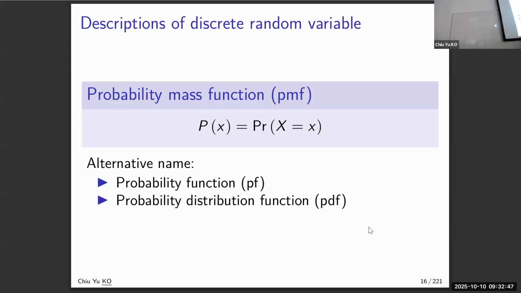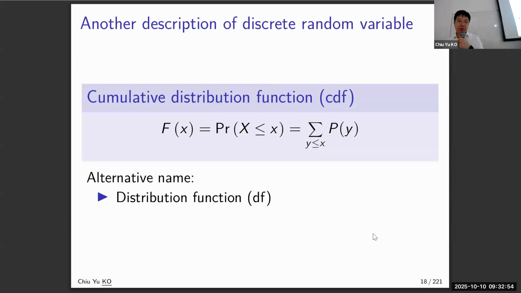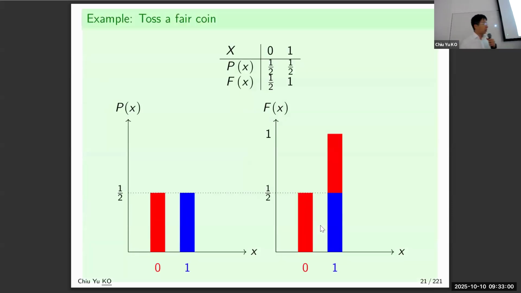One is big P: you give me the value of the random variable, I give you that probability. And big F is the probability less than or equal to that value. Remember you can always convert P to F and F to P, going one way or the other.